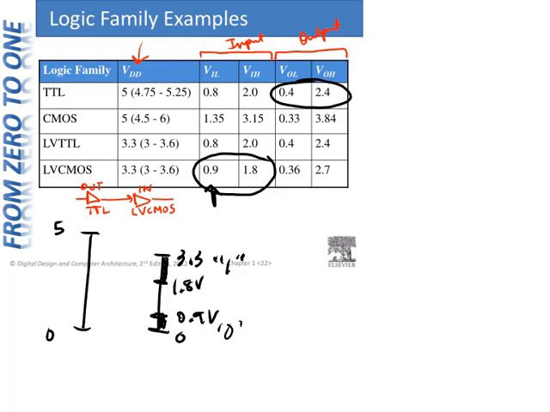And now we can look at the TTL characteristics, the output characteristics. It's worst case low, so VOL is 0.4. VOH is 2.4.